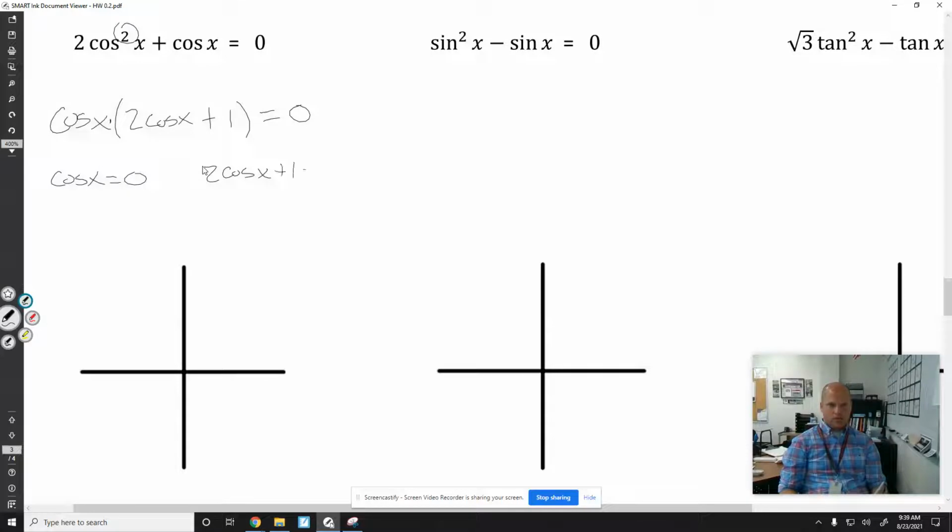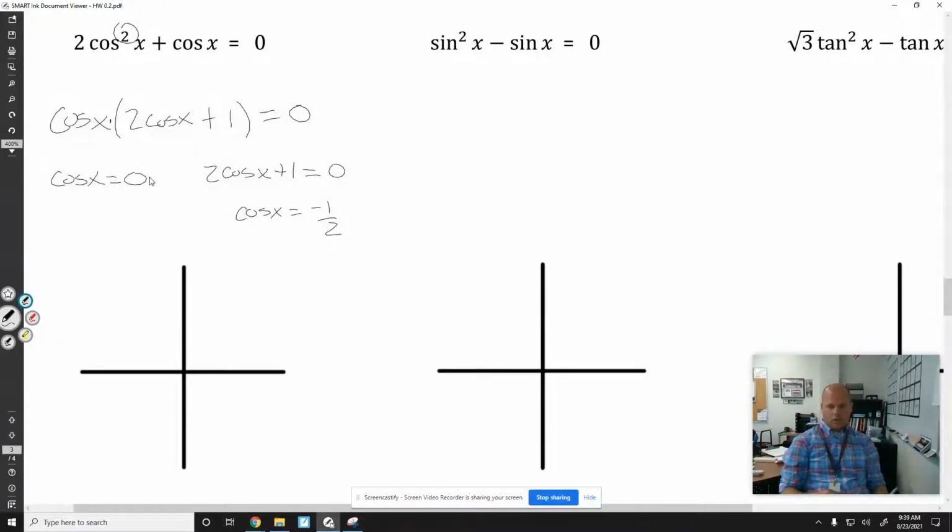As long as a piece of the product equals 0, everything equals 0. So we got 2 equations. Cos x equals 0, 2 cos x plus 1 equals 0. Why don't we make this an equation that I can solve by subtracting 1 and dividing by 2? I get that. Okay? So now 2 different problems, all coming from this one problem.